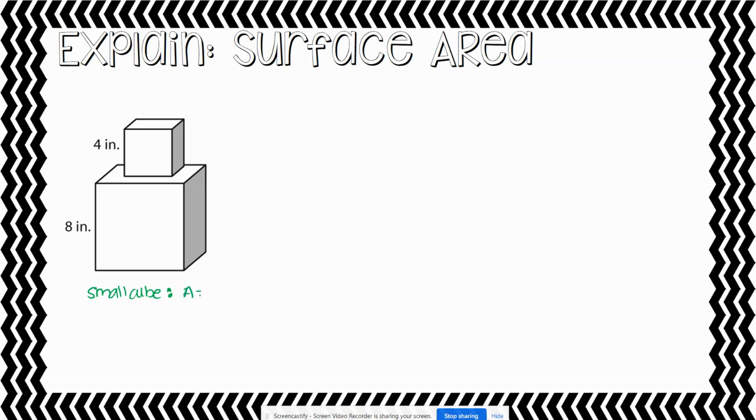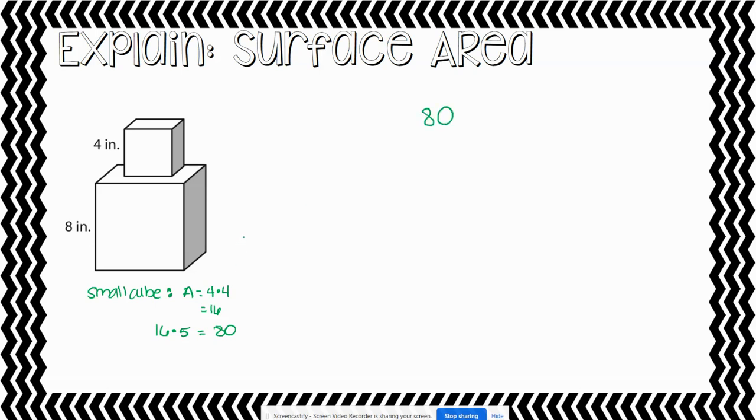So to find the area, I would do 4 times 4, which would be 16. When I look at that small cube, instead of having 6 faces, there are only 5 because one of them is on the bottom. So the small cube has 16 as an area for each face, but there are 5 faces. So I would do 16 times 5, which would give me 80. So the small cube has an area of 80.